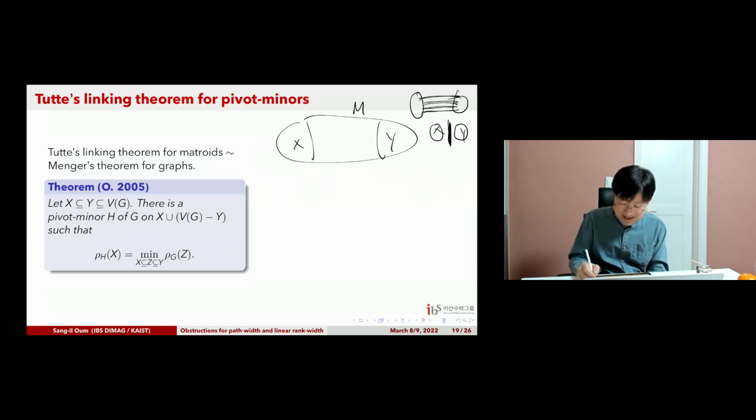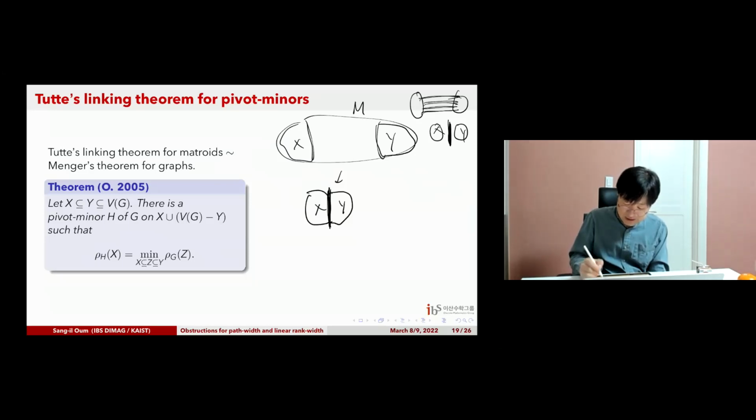So instead of that, what Tutte did is, whenever you have separate disjoint sets X and Y, you can find the minor on X union Y, where this cut realized the minimum order separation from X to Y.